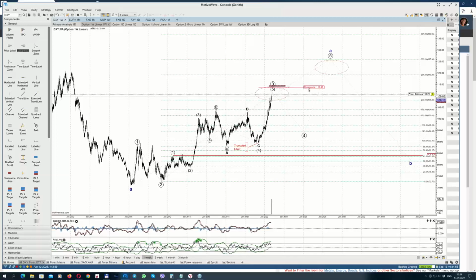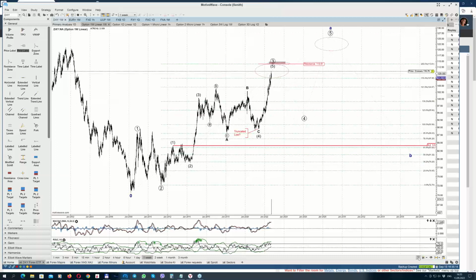Please note that the resistance marked on this chart is 113.81. This chart is based upon the linear price scale, but in the case where we switch to the logarithmic price scale this way, then everything becomes much clearer.